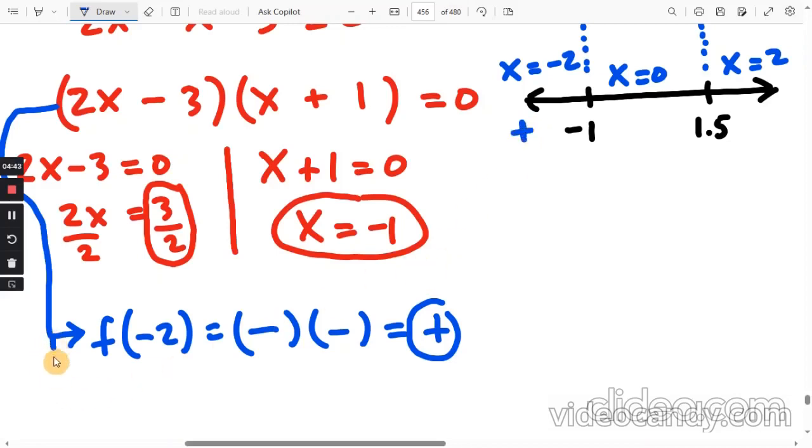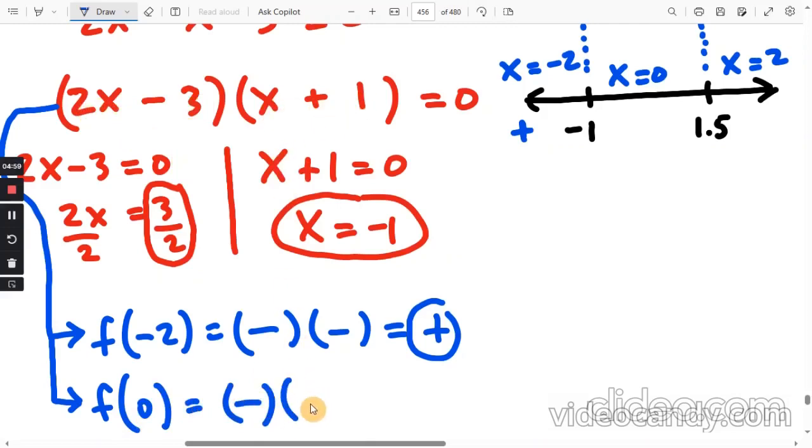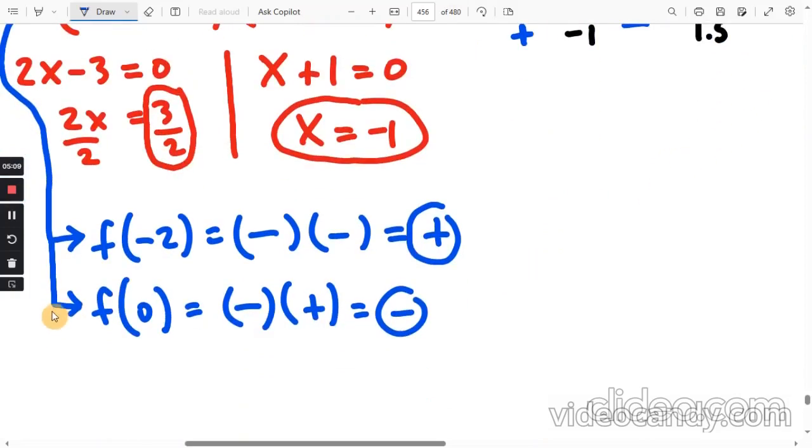Next up, f of 0. We're plugging in 0. Right here we would have 0 minus 3, that's negative. Right here we would have 0 plus 1, that's positive. Negative times positive is negative. Finally, f of 2.